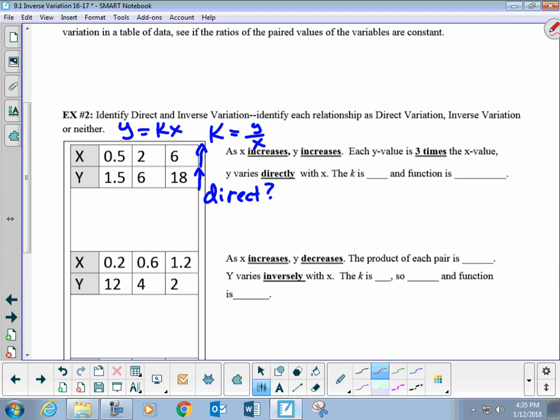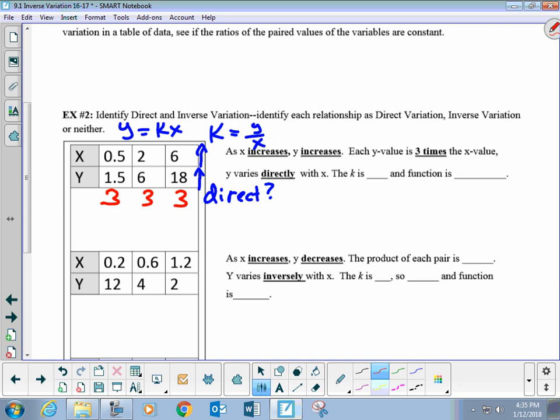So if I divide 1.5 by 0.5, I get 3. There's my number. If I divide 6 by 2, I get 3. If I divide 18 by 6, I get 3.